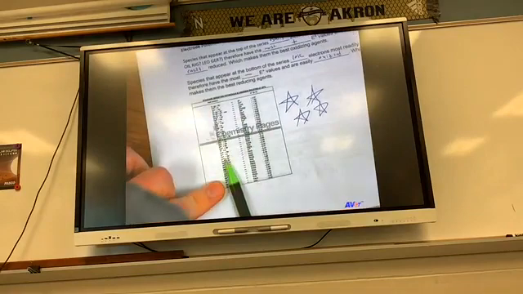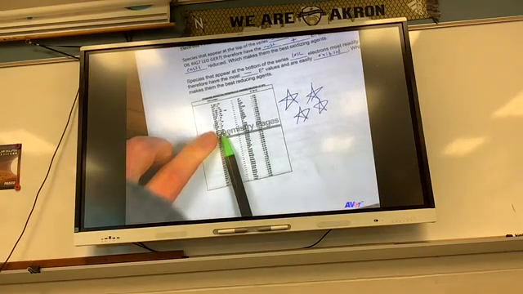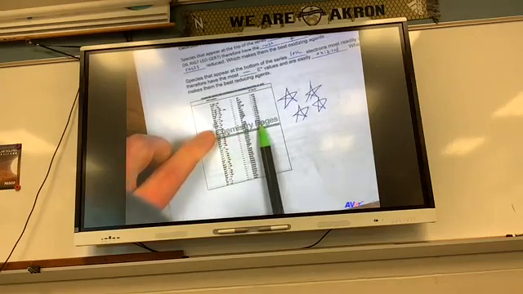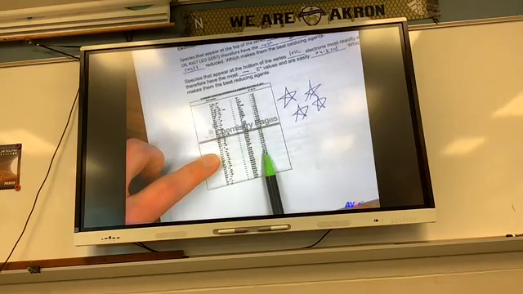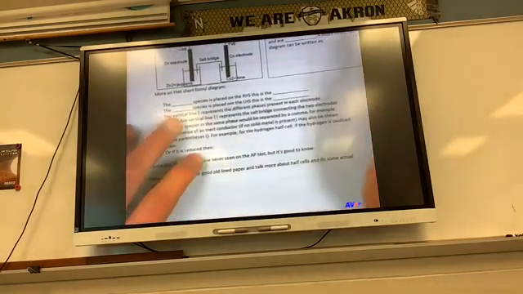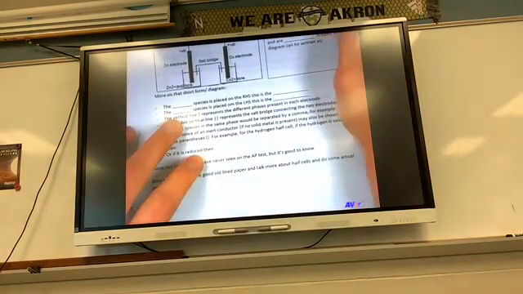I have Cu2+ is +0.34. You guys see that? And zinc is -0.76, right? So in this case, it's going to be flowing from zinc to copper.